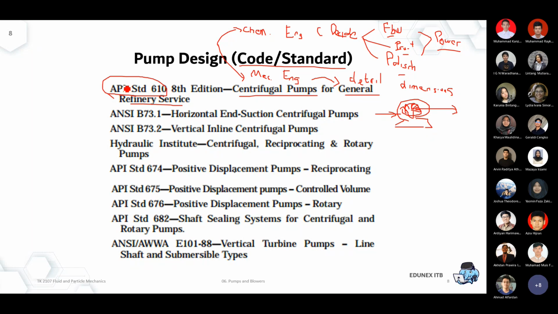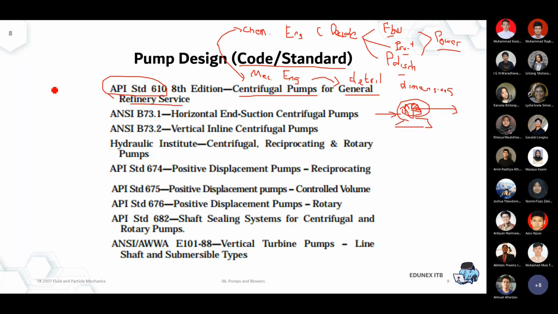Whether you want to install it in Indonesia, in the Middle East, in China, in Europe or in the US, it will be accepted. But the rules will be very guided about the connection, about the main considerations in designing a pump.